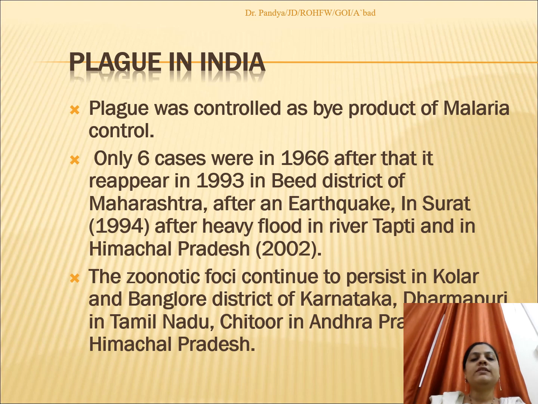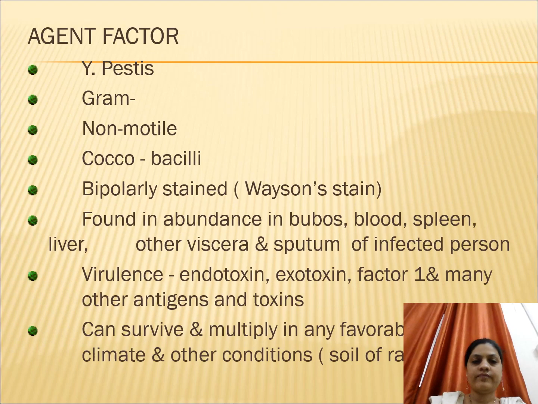Only 6 cases were seen in 1966, and after that a reappearance in 1993 in the Beed district of Maharashtra after the earthquake, in Surat after a heavy flood in the river Tapti, and in Himachal Pradesh. The zoonotic foci continue to persist in the Kolar and Bangalore districts of Karnataka, Dharampur in Tamil Nadu, Chittoor in Andhra Pradesh, and also in Himachal Pradesh.